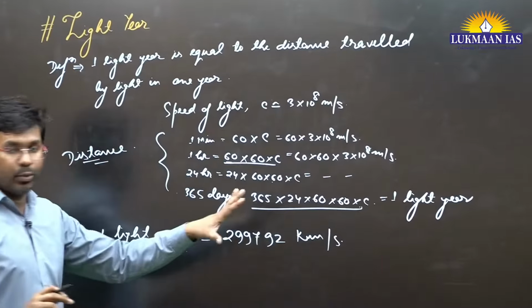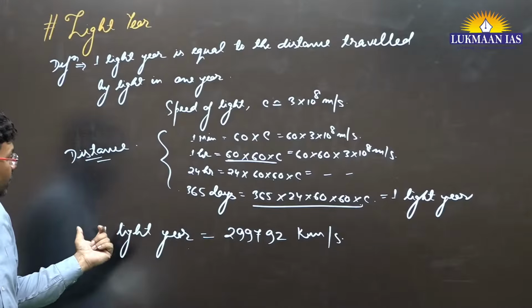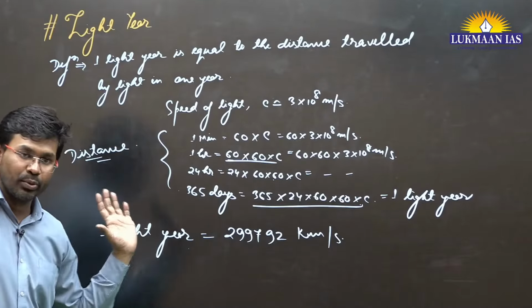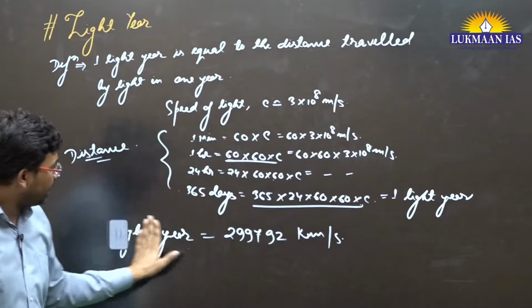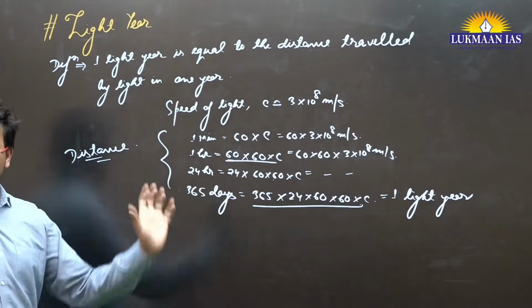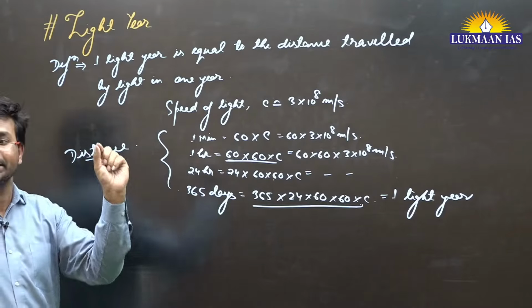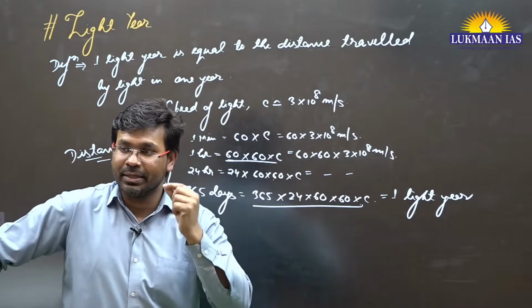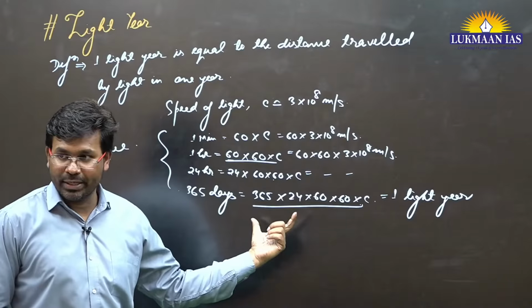Okay, so you need to calculate it yourself. So in 1 light year, light is going to travel this much. The calculation you do yourself. So this is what we mean by light year: light travels this much distance in 1 year, right?